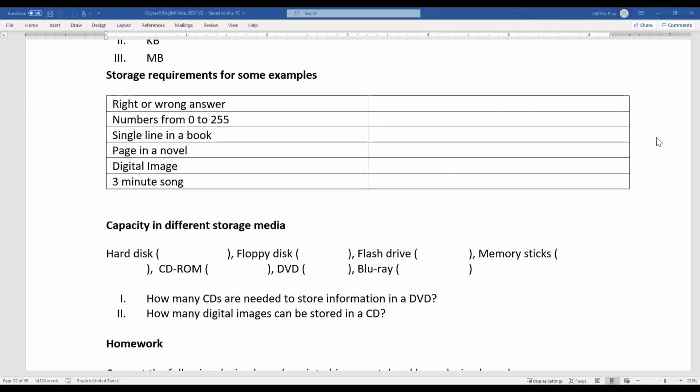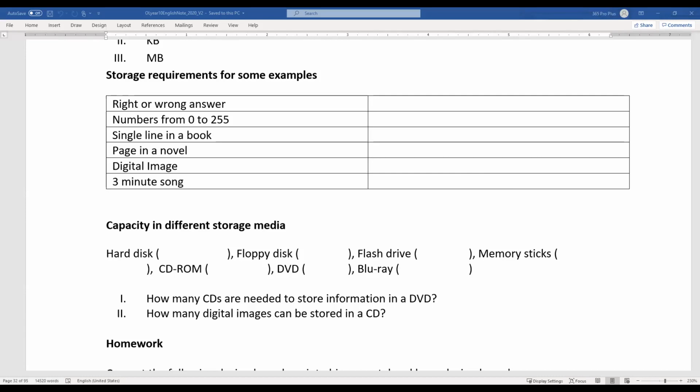So here we are going to discuss the storage requirements for different things. This is approximate, not 100% correct, but for approximate values, we can put it.